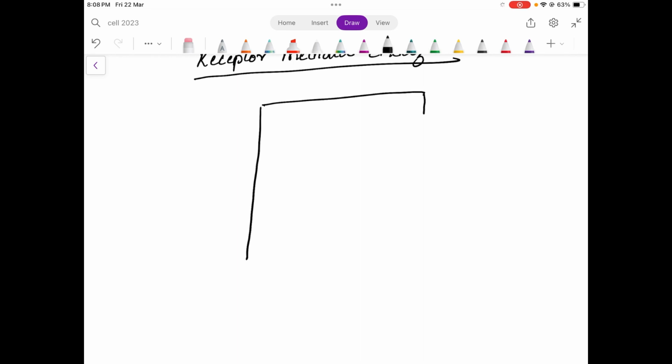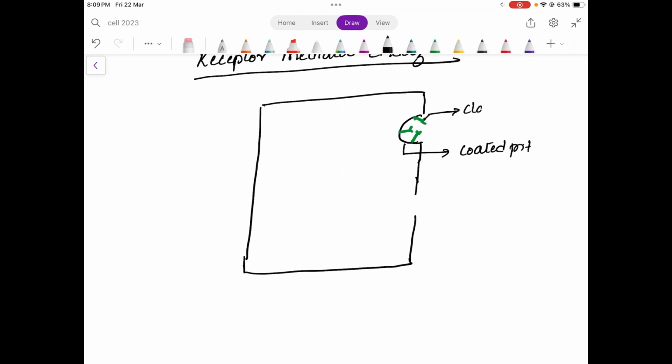This is a cell which is having a pit, and this pit will contain receptors called clathrin receptors. This is a coated pit, and this pit is coated with the clathrin receptors.